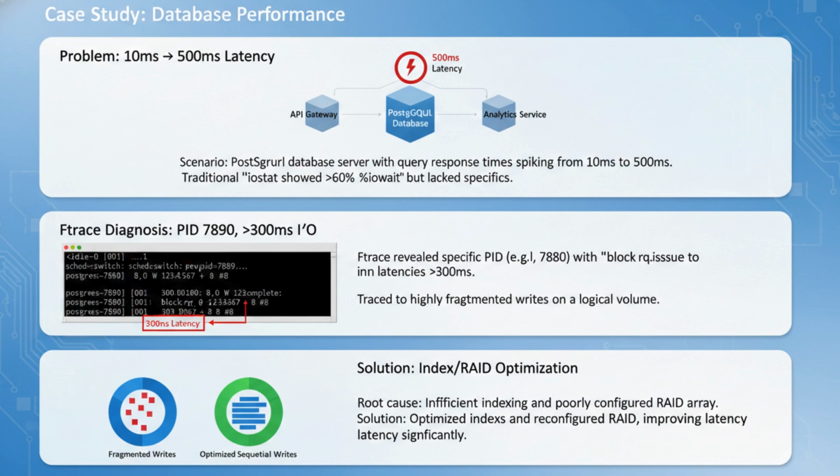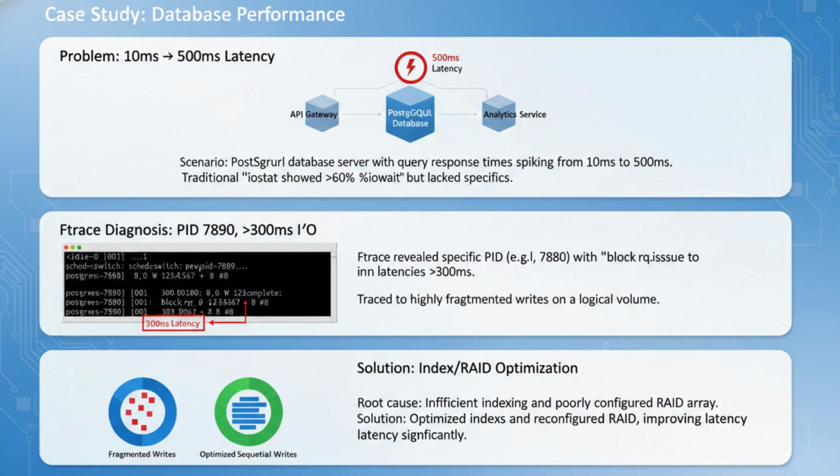By deploying Ftrace with block tracepoints, we captured data during a peak load. Analysis revealed that a specific set of database write operations originating from a particular PID, e.g. PID 7890, representing a nightly batch job, consistently showed block_rq_issue to block_rq_complete latencies exceeding 300 milliseconds.